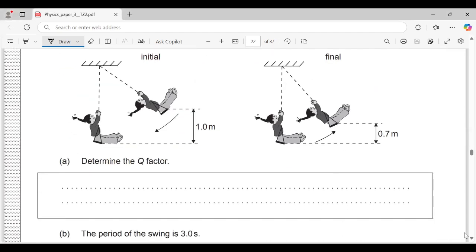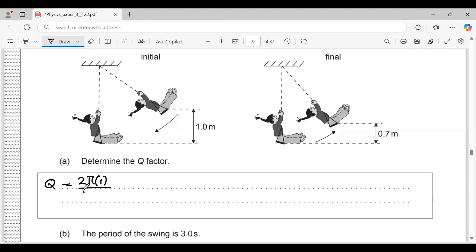Determine the Q factor. We can determine it for one oscillation as 2 pi times the number of oscillations, which is 1, over the height loss.